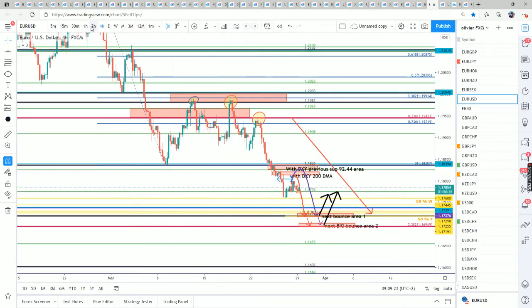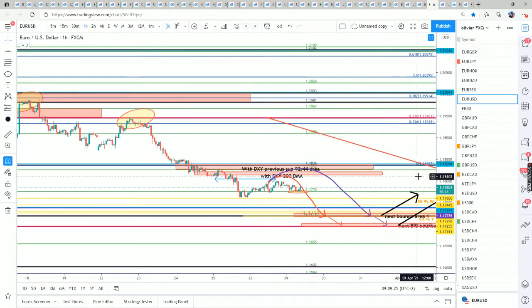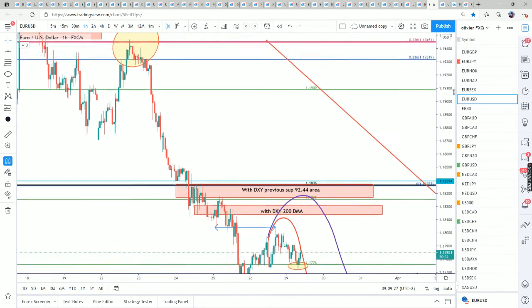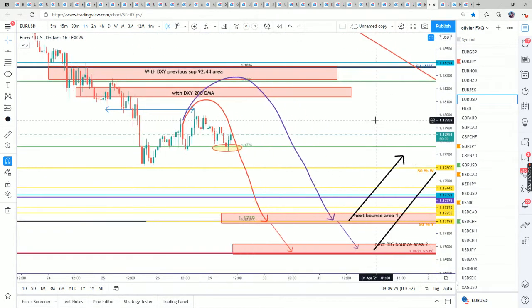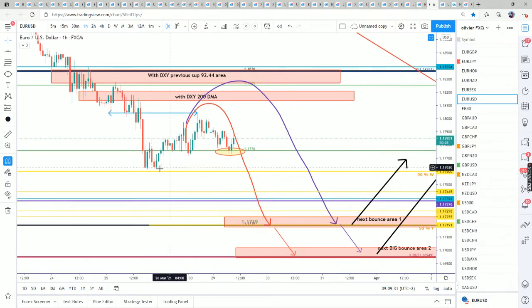If we look a little bit on a smaller time frame, and if we zoom in on the last period of time, so what we did on Friday, we went down, which is when we touch here on DXY, we touch the trend line we had on the chart. Then we bounce as expected.